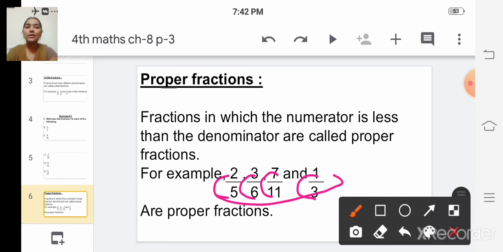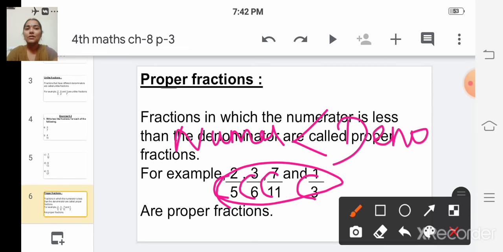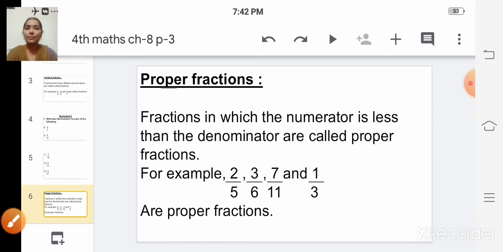So in all these fractions, numerator is less than the denominator, isn't it? So all these fractions are proper fractions. Fractions in which the numerator is less than the denominator are called proper fractions.